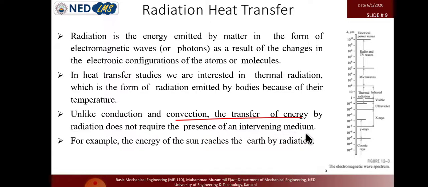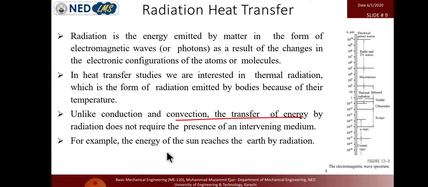Like we are getting heat from the sun, and outside the earth there is vacant space, a vacuum, so there's no medium. Still we are getting radiation, and we are getting heat transfer from the sun.